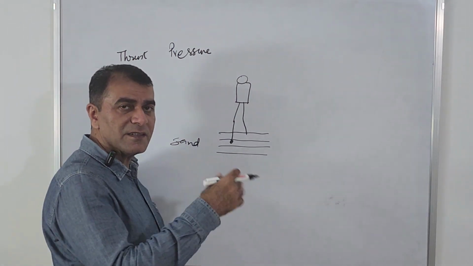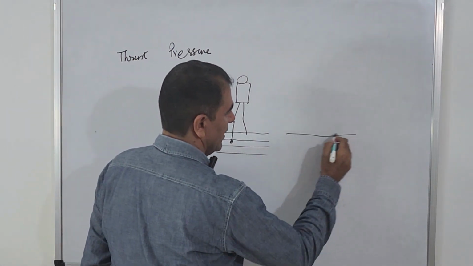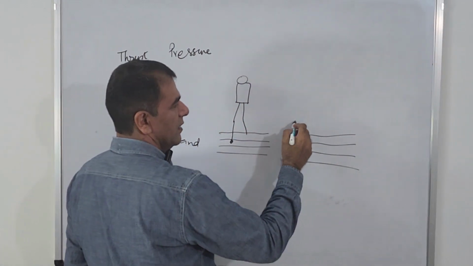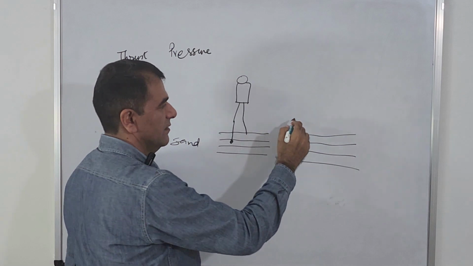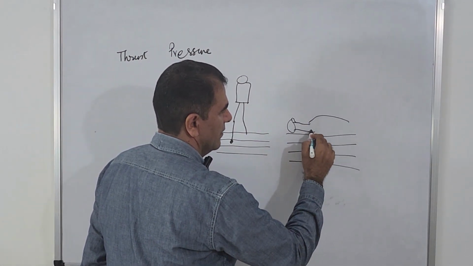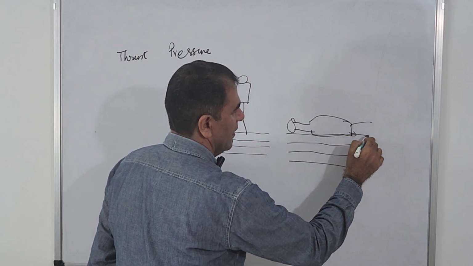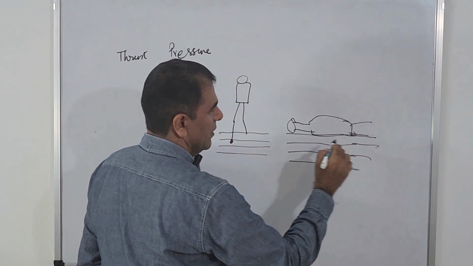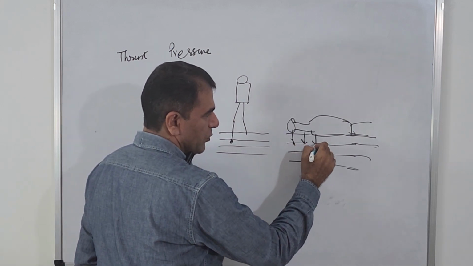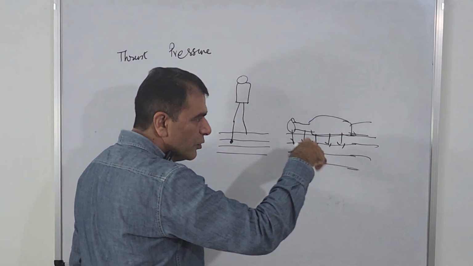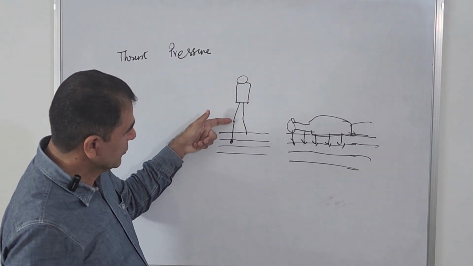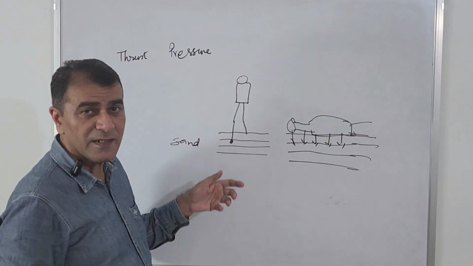Now, let us take another position. This is sand, same structure. Now, you lie down on the sand. So, this is your head, and this is your body and legs. Now, this whole body is putting a force. You know what type of force the foot is making on the sand?